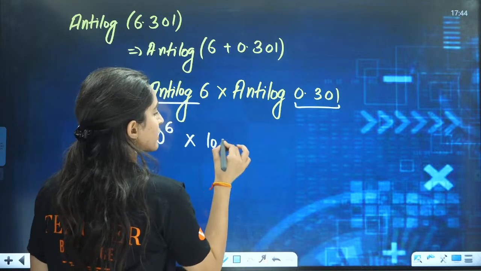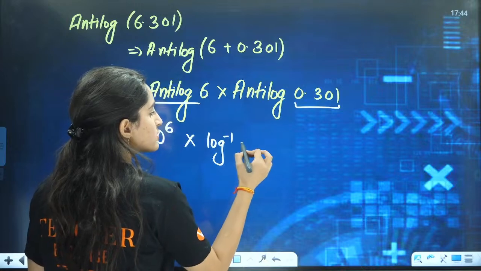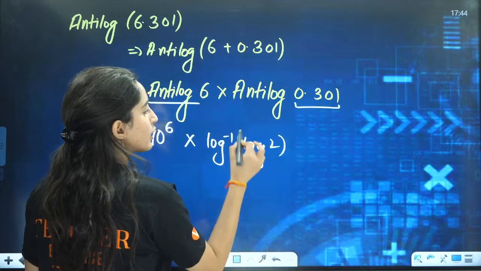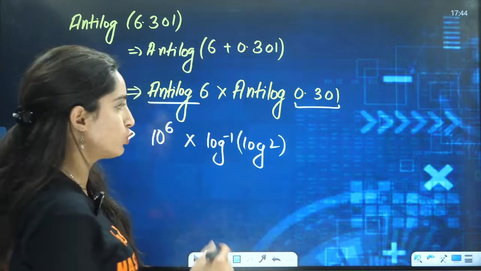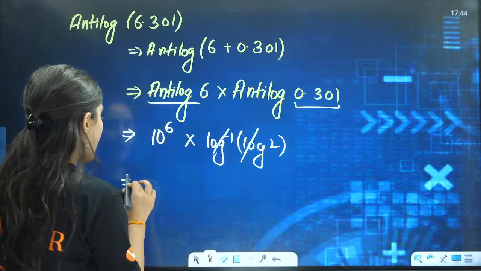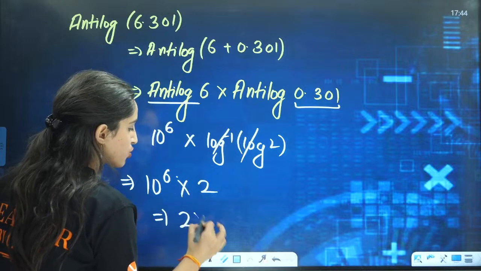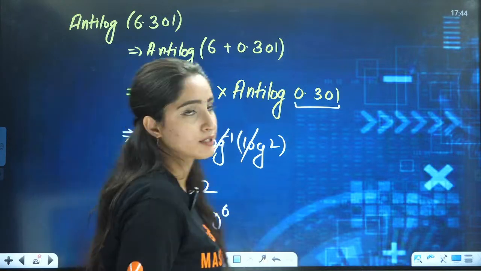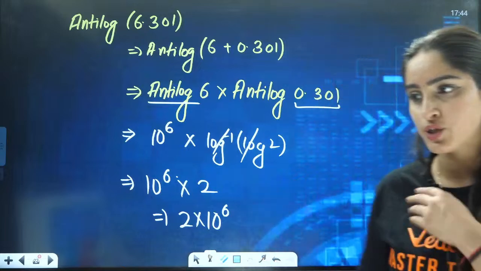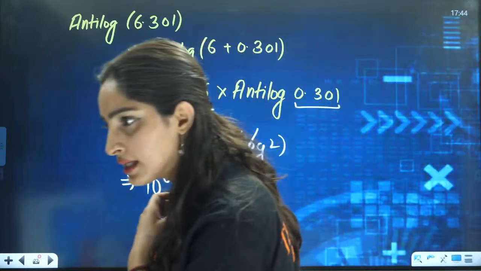Antilog, you can also write as log inverse. The value 0.301 is log 2, so they will cancel out each other. And here the answer will be 10 raised to power 6 into 2. That means 2 into 10 raised to power 6 is your correct answer.